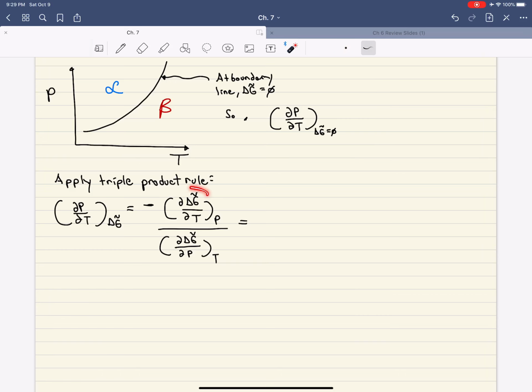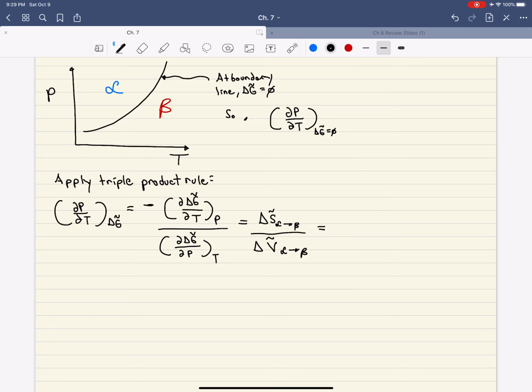From the fundamental Gibbs energy equation, we know that dG/dT at constant P is equal to negative S. Since we have this negative sign out here, it turns into a positive S. And we know also from the fundamental Gibbs equation that d delta G/dP at constant T gives us molar volume. Okay?